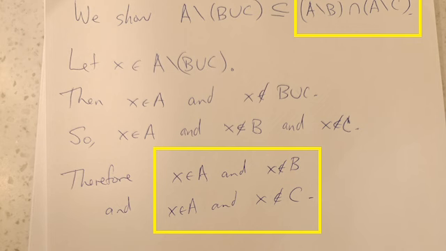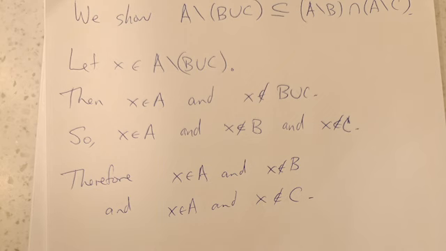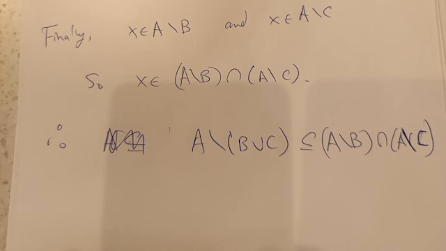So finally, what this tells me is that X is in A set difference B, and X is in A set difference C, so it's in the intersection of the two.